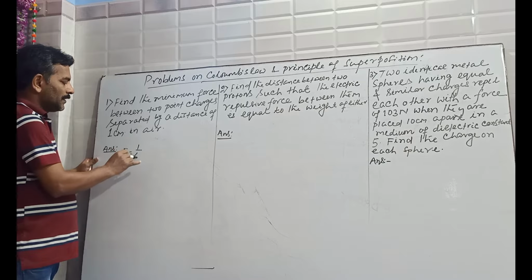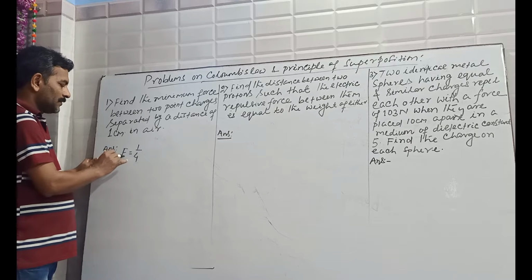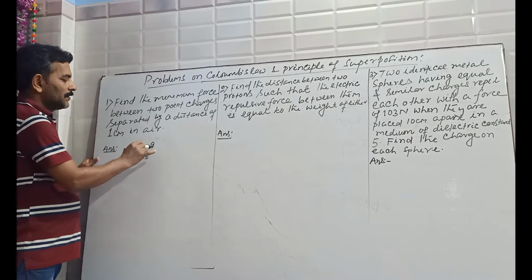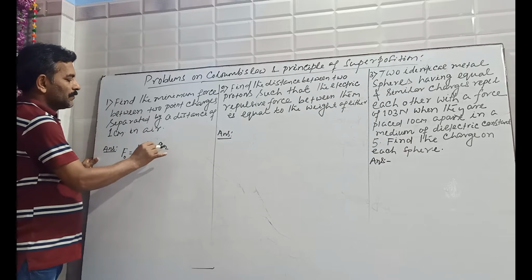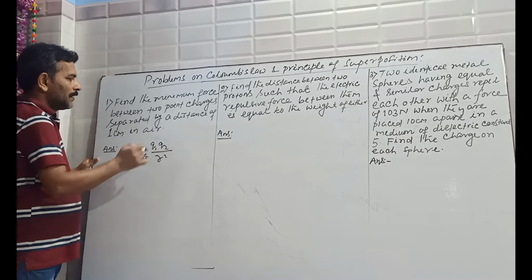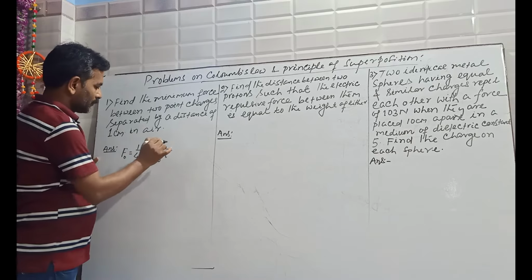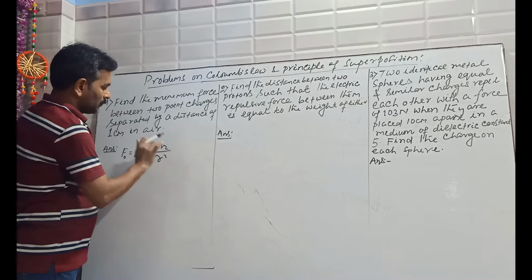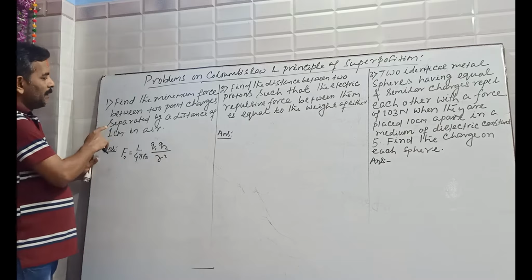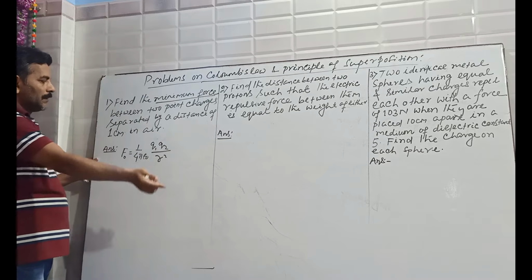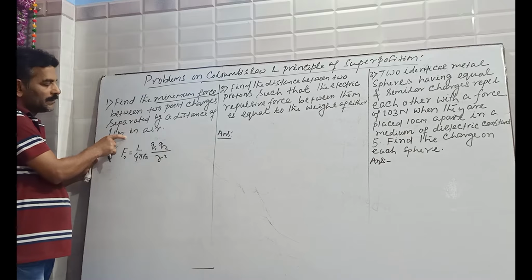F is equivalent to, it is given here, so you write F naught, 1 by 4 pi epsilon naught Q1 Q2 by R square. You see, here given, find the minimum force. Only the distance is given to you.